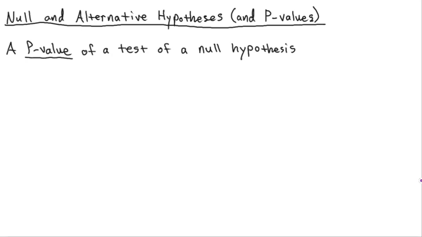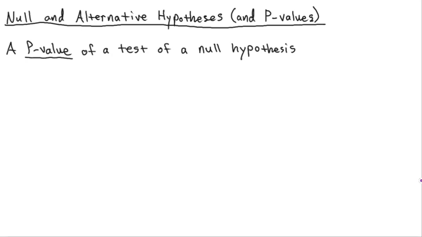So we're always doing a test of the null hypothesis. And so we use a statistic called a p-value, and that p-value is referencing a test of the null hypothesis.